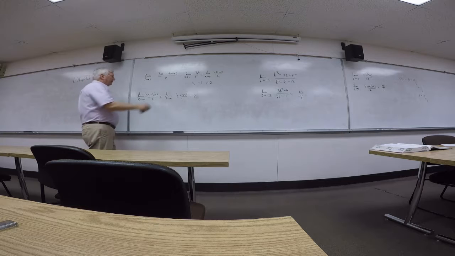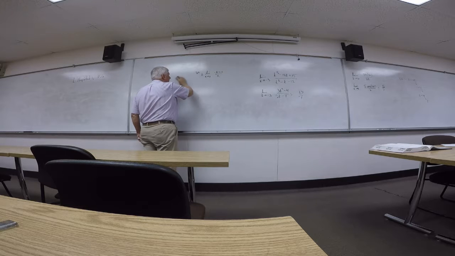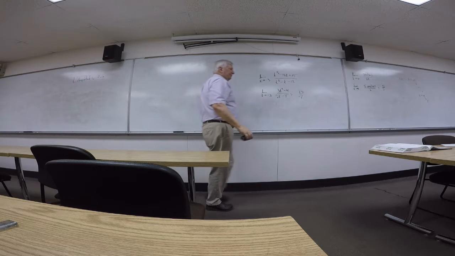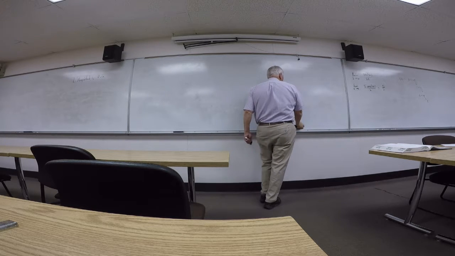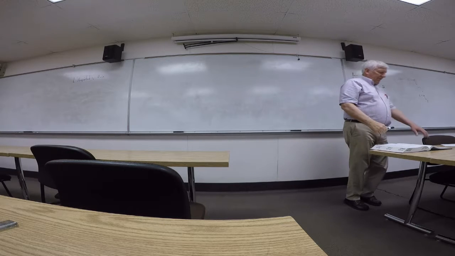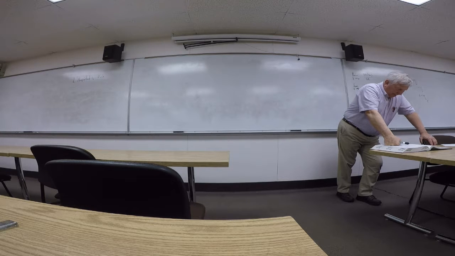There were several that were of the form 0 over 0. Let's look at a couple that have the form infinity over infinity. See if we can find some. Number 32.